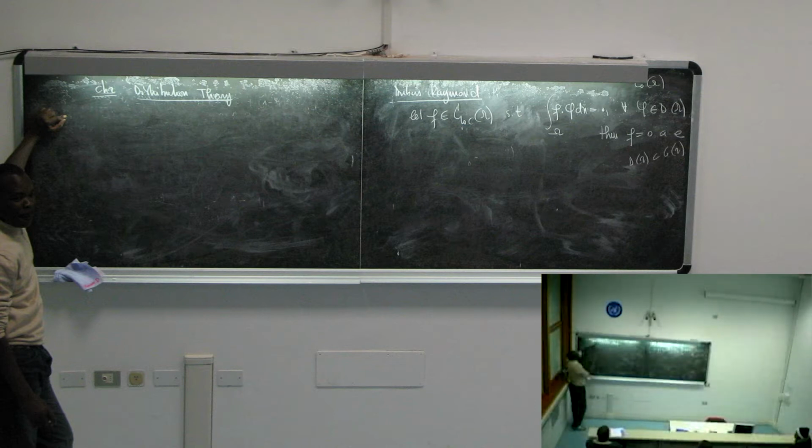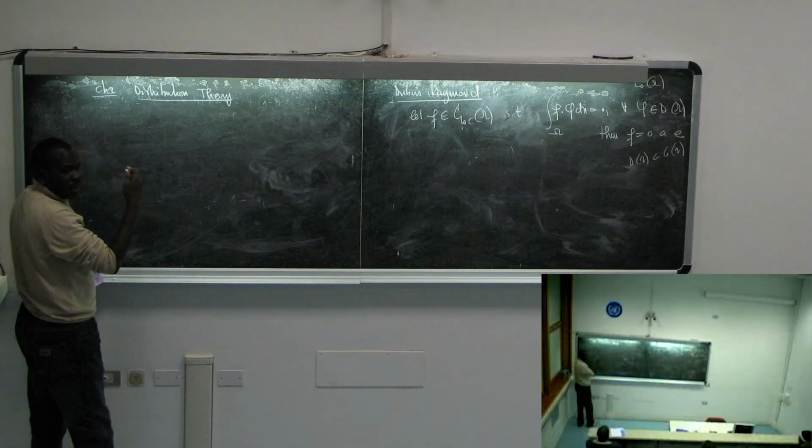Here we try to define generalized functions. I give you an example. We try to give a justification. For example, take this function delta naught of x.